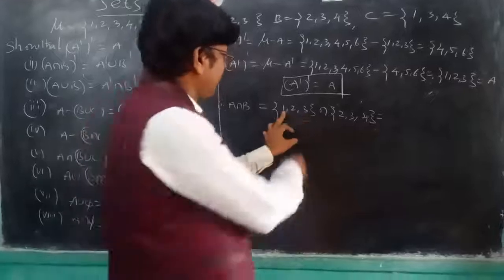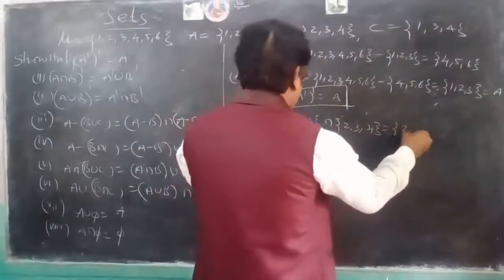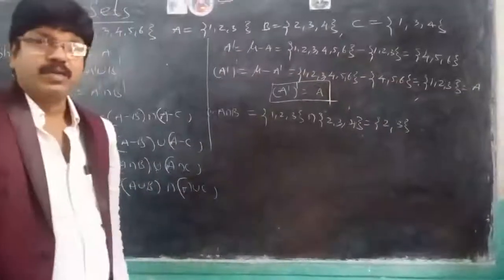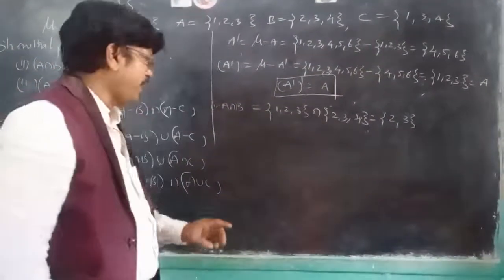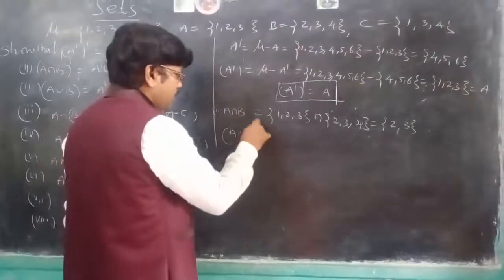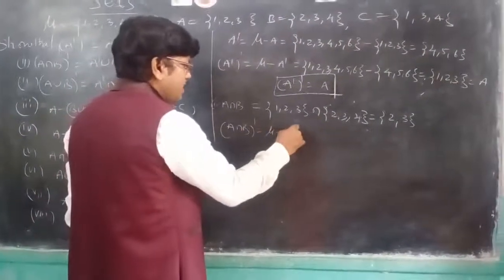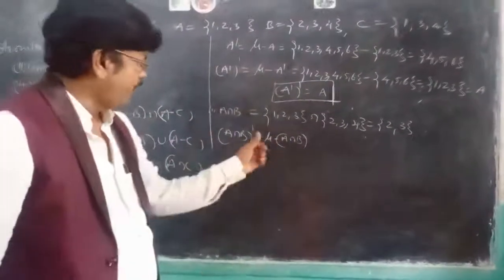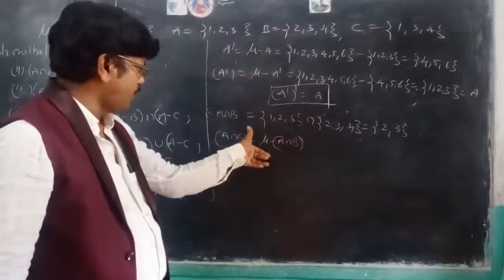So 2, 3. A intersection B is 2, 3. Now we are going to find A intersection B whole dash, which equals mu minus A intersection B, the whole complement.